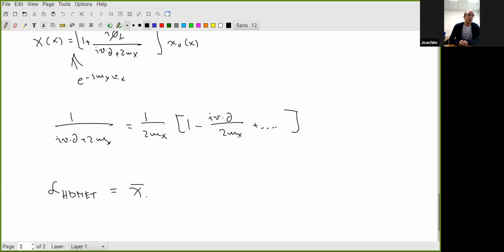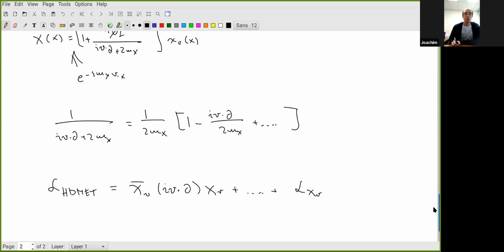So the leading term, the kinetic term, is just chi bar i v dot d acting on chi. So you see there's no mass term, the mass has been scaled out. And then there are these higher terms that are indicated by a dot. And then there's the interaction term that we called L chi, and now I call it L chi v, by which I mean we substitute this non-relativistic field everywhere.